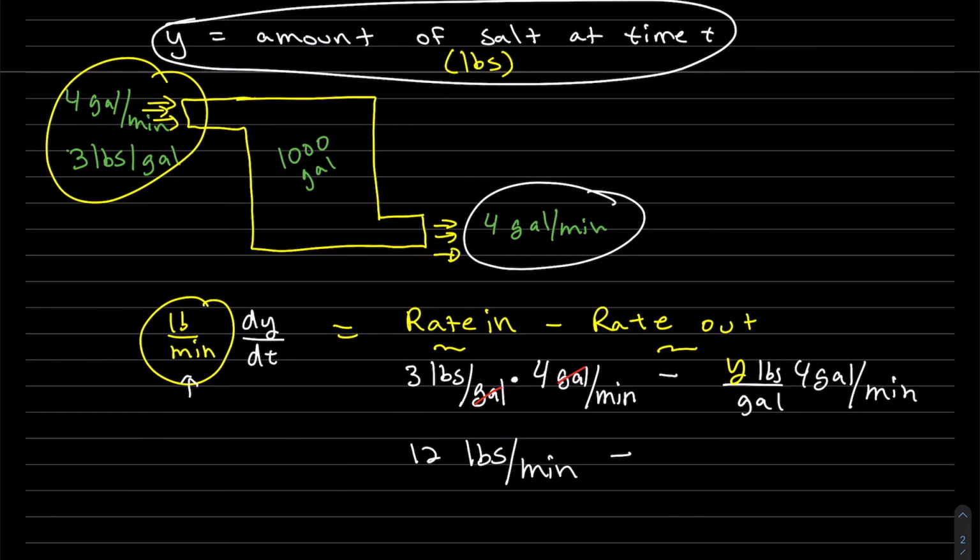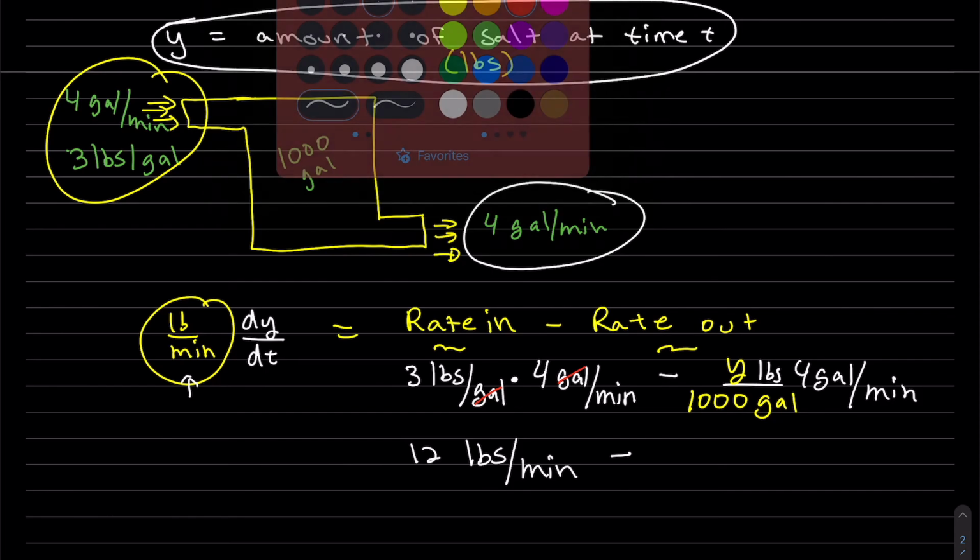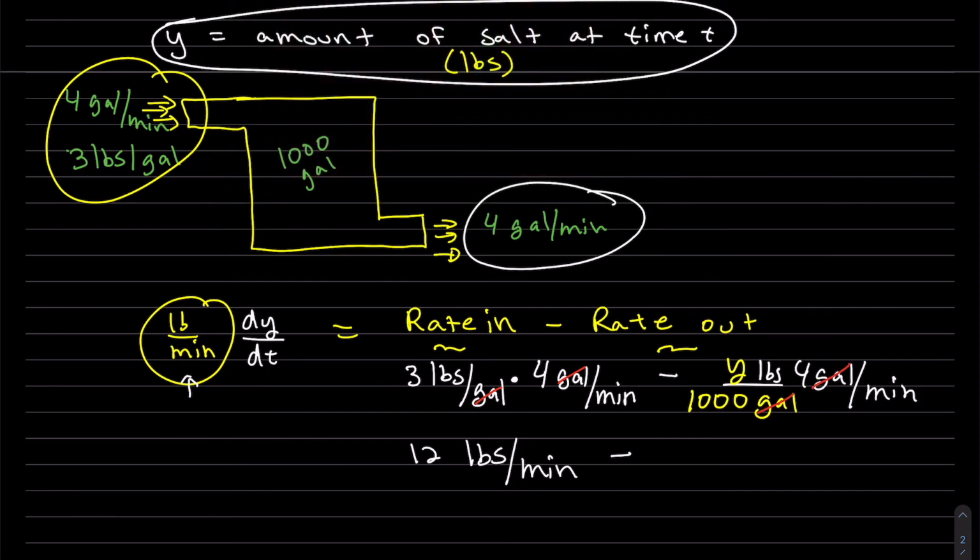And how many gallons is it mixed with coming out? It's mixed with 1,000 gallons. The gallons cancel, and the 4 cancels into the 1,000, giving y over 250 pounds per minute.